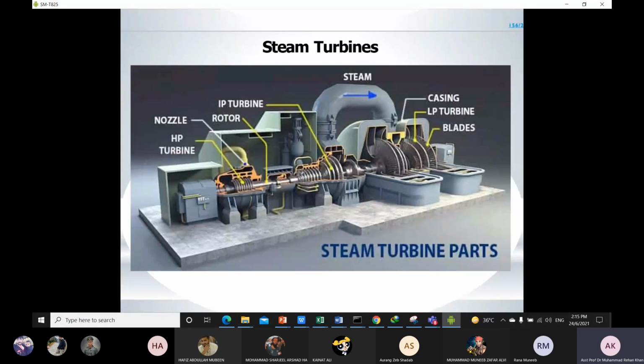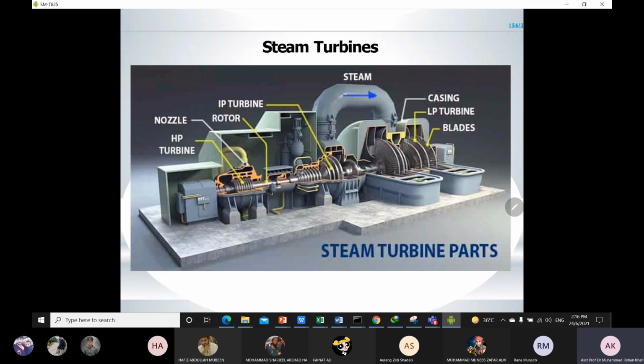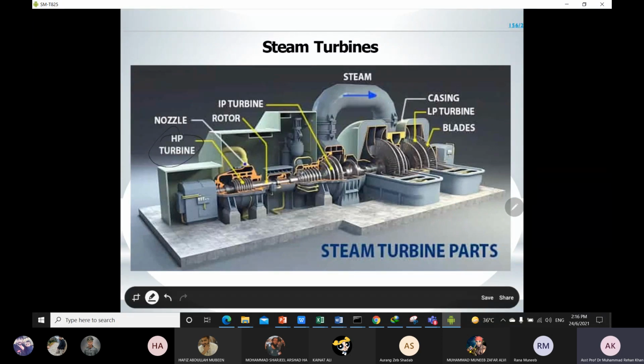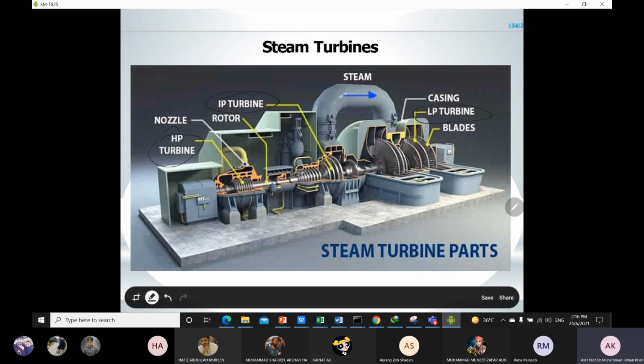So this is how your steam turbine looks. I hope you already have the idea that in our steam turbines we have the high pressure turbine, the intermediate pressure turbine, and the low pressure turbine. Collectively, all these turbines are connected to the same shaft, because in each section we have different pressures. Our main target is to develop such an arrangement so that our rotation will be consistent.